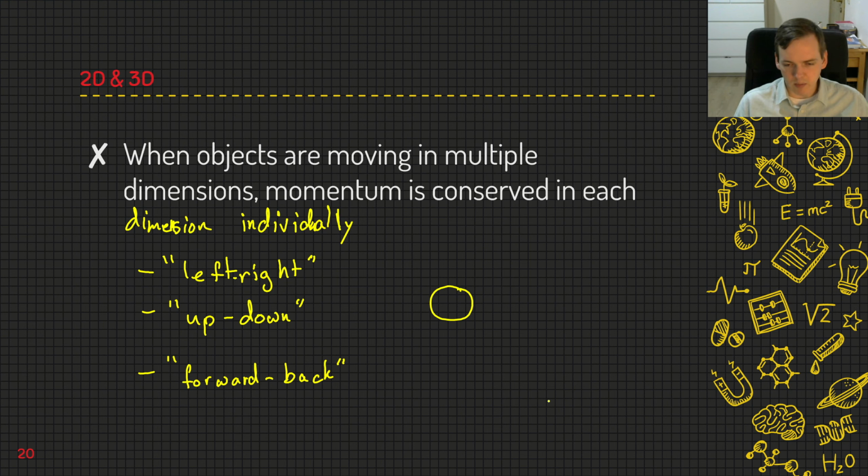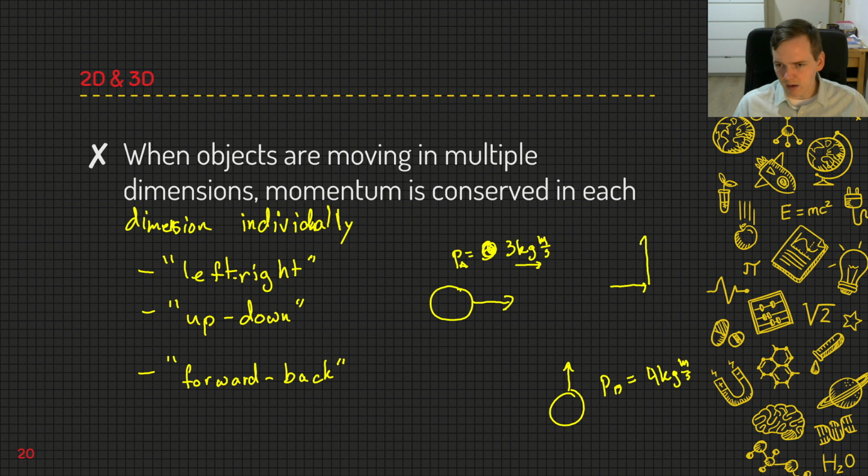So for example, if I have an object like this, and an object like this, and they're moving, two clay balls, and they stick together, well, if we calculated the momentum of this guy and said that its momentum is equal to, let's say, 3 kilogram-meters per second to the right, and this one, the momentum is equal to 4 kilogram-meters per second up, well then we know the final momentum will just be the sum of that. 3, 4, so it's going to have 5, if they stick together, 5 kilogram-meters per second momentum, kind of up and to the right.